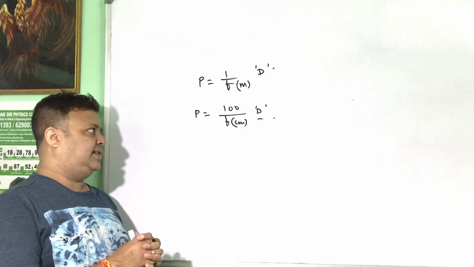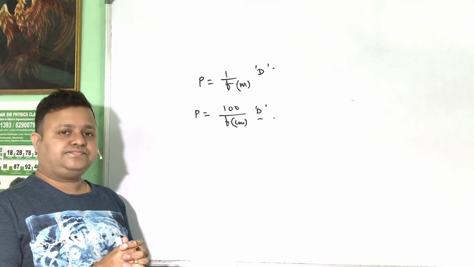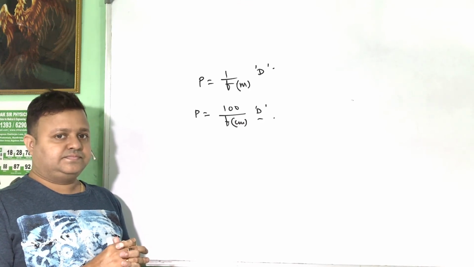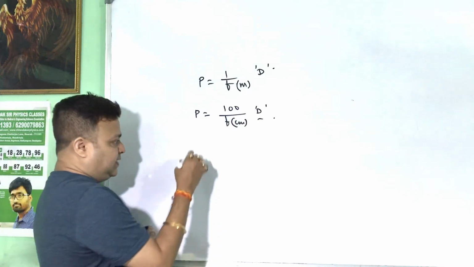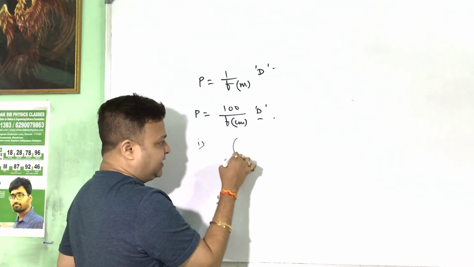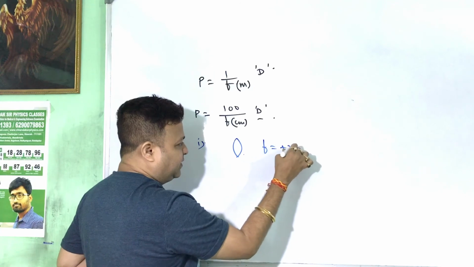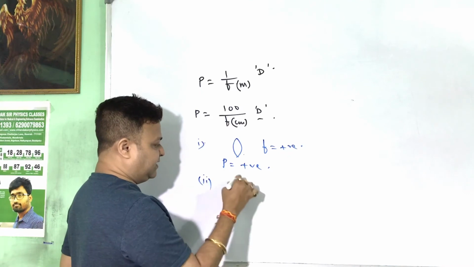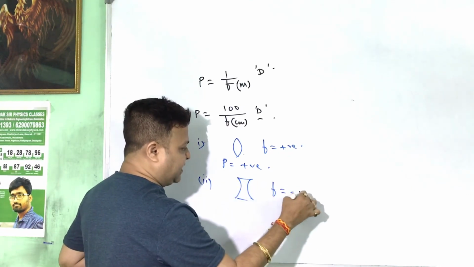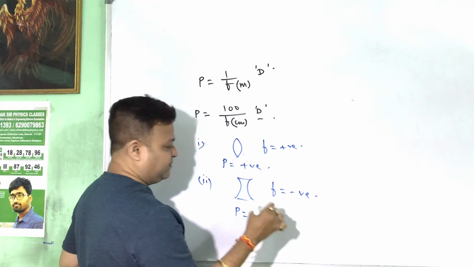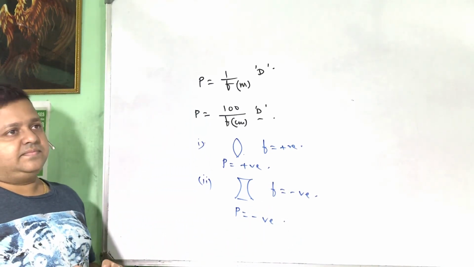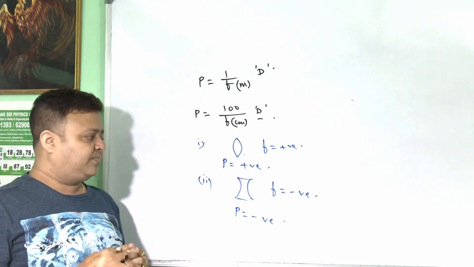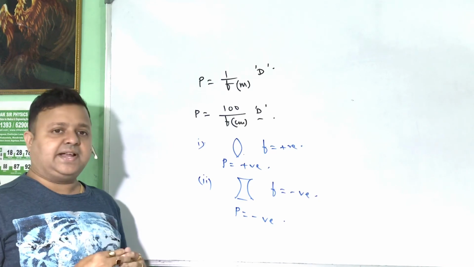For convex lens, focal length is positive, that means power is positive. For concave lens, focal length is negative, that is power is negative.